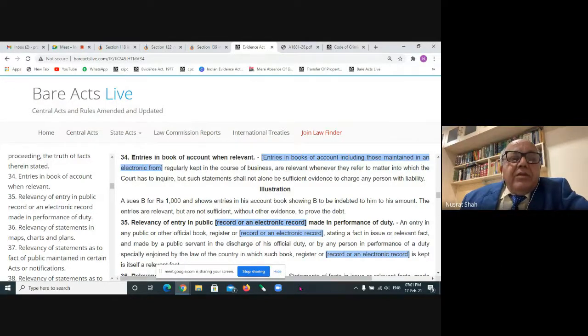He has not paid back the amount to me. So there cannot be an inference against me. In fact, there should be an inference against him in that matter. So though section 34 permits you to lead evidence with regard to entries, the law says that it is required to be substantiated. Okay? Yeah, that will complete 114.